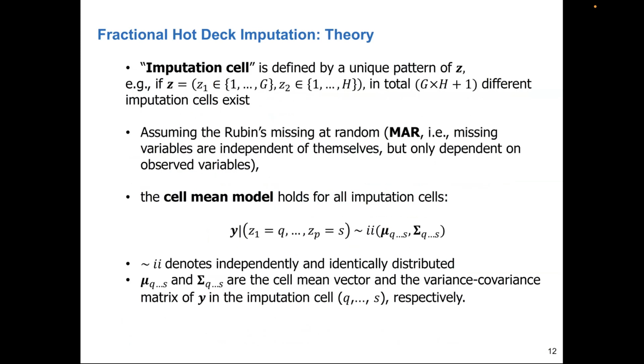Each box is called an imputation cell. Suppose variable 1 is categorized into G categories and variable 2 is categorized into H categories. Then this makes G times H plus 1 categories, or imputation cells. We assume that each imputation cell has a mean and a standard deviation.